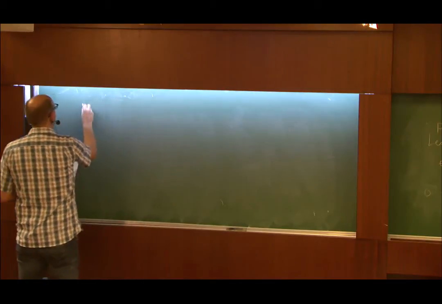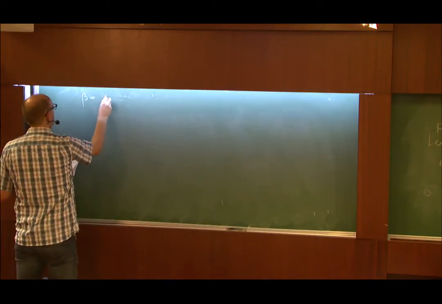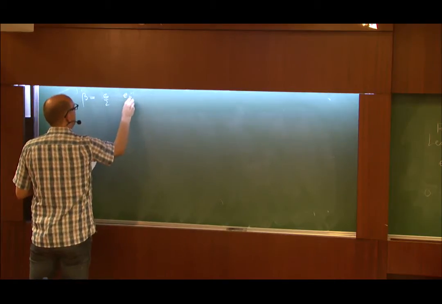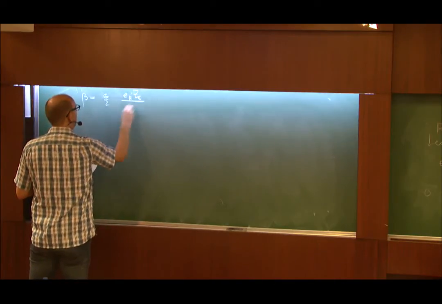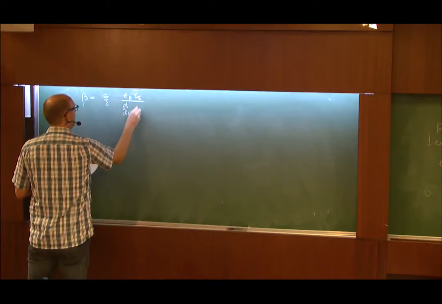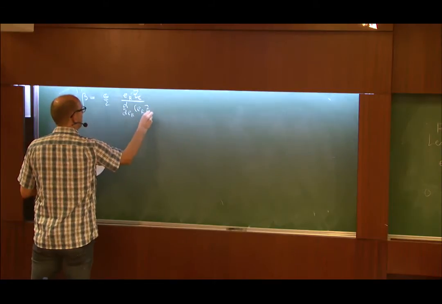So here we go. Beta is equal to epsilon over 2 e_R Z_e divided by d e_R, of e_R Z_e.